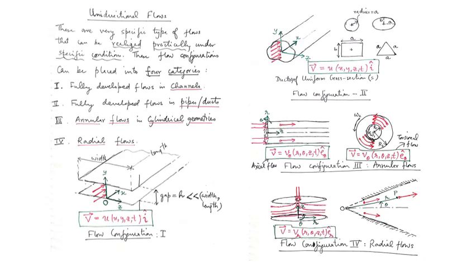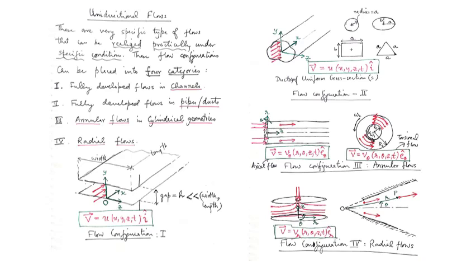Because if it is not uniform, then we will not get a unidirectional flow. Unidirectional flow is only achievable if the cross sectional geometry of the pipe does not change along the length of the pipe or duct.